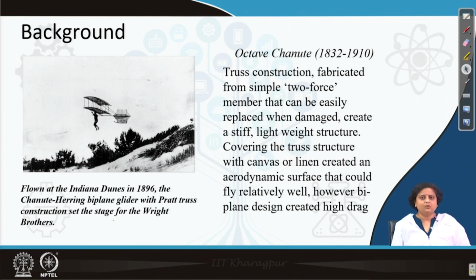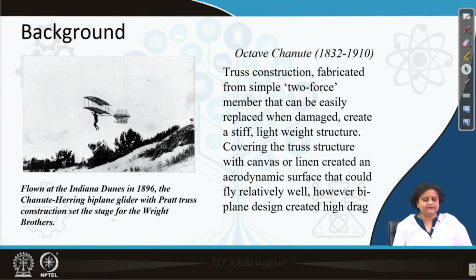One person who we should note and mention is Octave Chanute. He was an engineer in railways and has to his credit the design of several advanced railway bridges. So, after he retired from railway, he invested his time in developing flying machines.